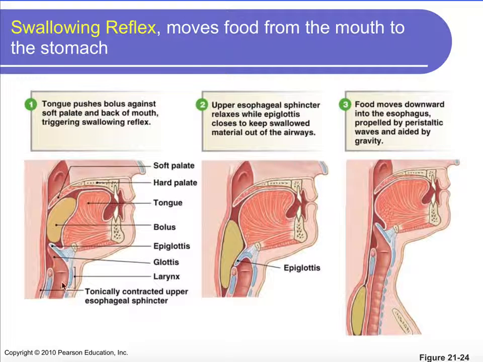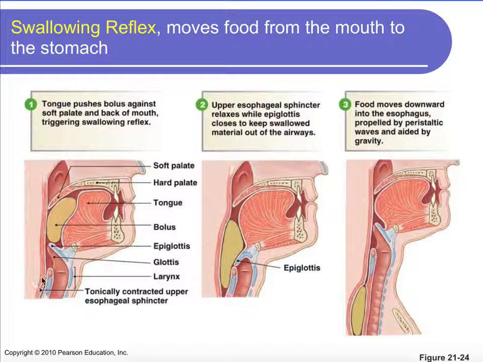So the trachea is the opening to our airway, or this is where air is going to flow. And so remember, our respiratory tract branches, tubes, are surrounded by cartilage, and that helps keep it open. And so you can see how our respiratory pathway is open. And so this allows us to breathe and air to move easily.